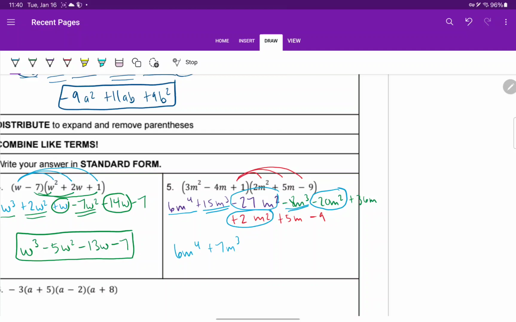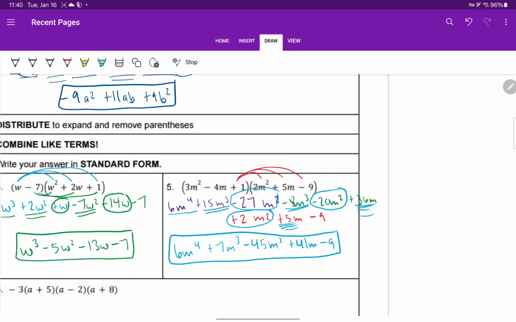That looks like negative 45m squared. And then we have a positive 5m, a positive 36m, which will be a positive 41m. And our last term we didn't use was the minus 9 with no other constants. And there is our answer.